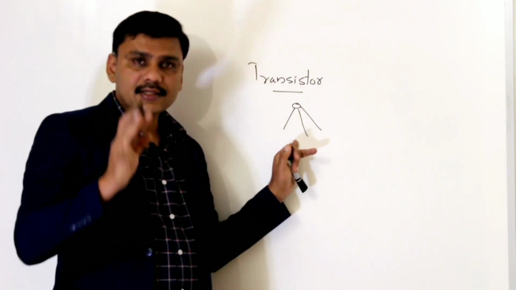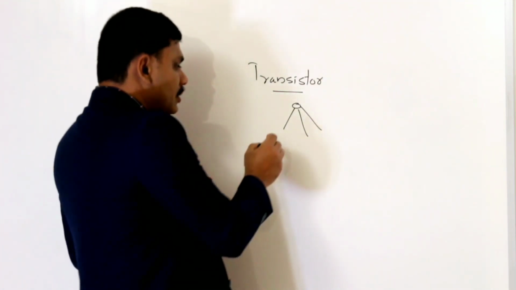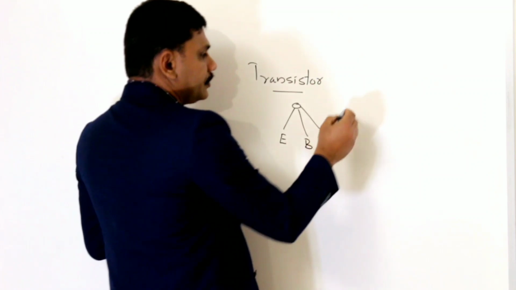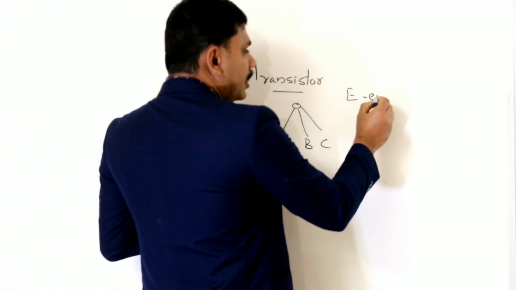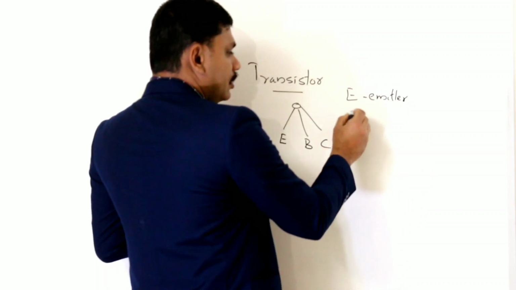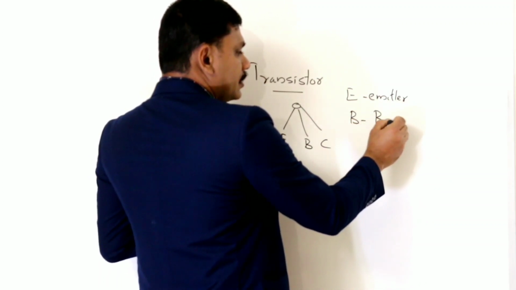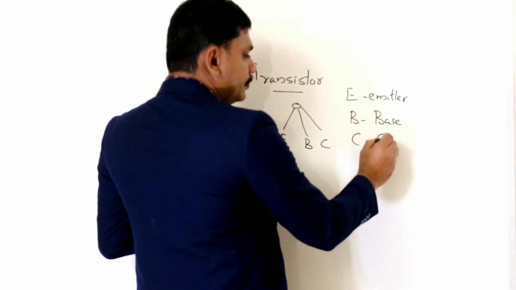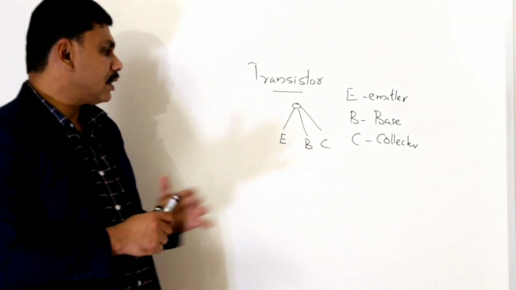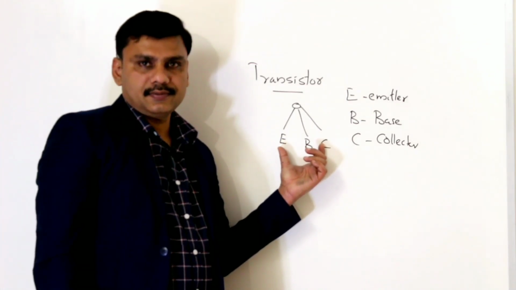The three legs of the transistor are named as emitter, base, collector.